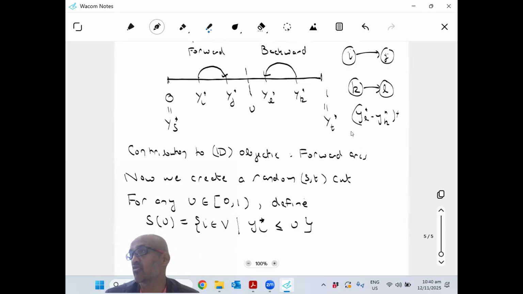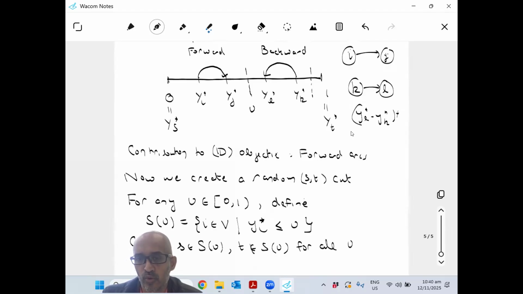These three nodes will not lie in the set. But if I chose, for example, u to be this number, all these nodes will lie in the set S of u. This will not lie in the set. Clearly, the source node lies in S of u, and t does not lie in S of u for all u between 0 and strictly less than 1.